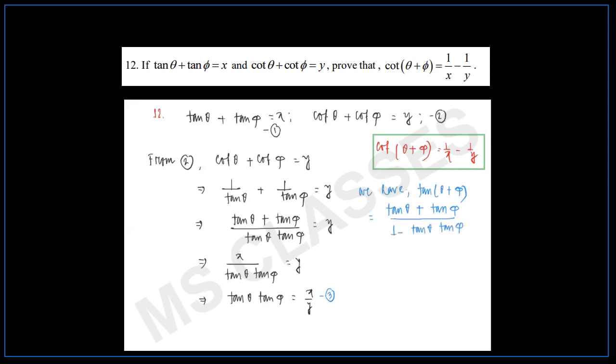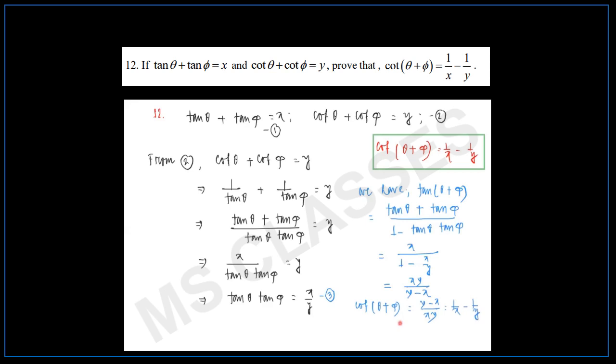Now tan theta plus tan phi is x, by 1 minus x by y. Now this gives us what? xy by y minus x. Now since we have to find cot, we can just take the reciprocal. So cot(theta plus phi) equal to y minus x by xy. Now if we take y by this minus x by this, we get 1 by x minus 1 by y. Very simple.